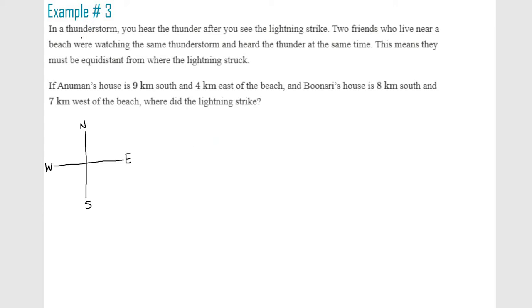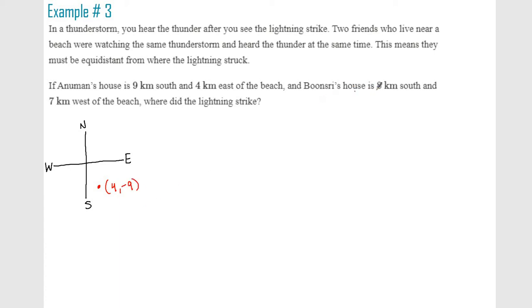Now we can visualize it. Anuman's house is 9 kilometers south and 4 kilometers east. So we go 9 south and 4 east. So that point is at 4, -9.